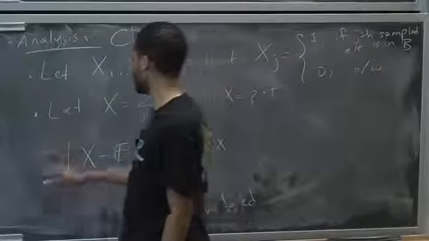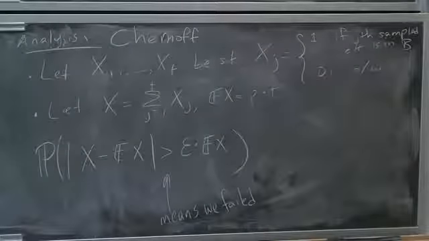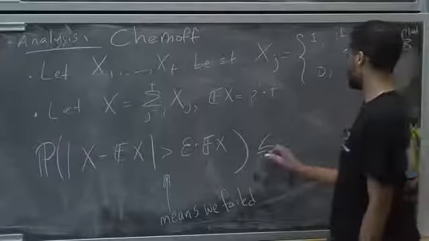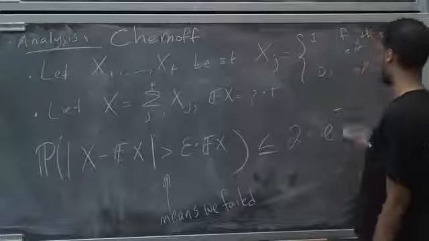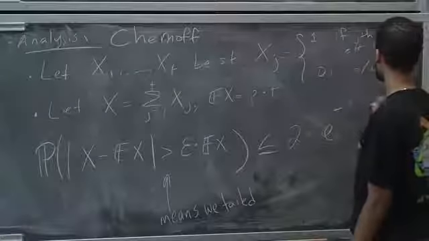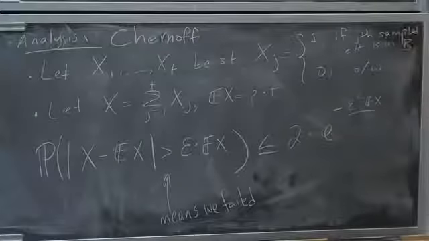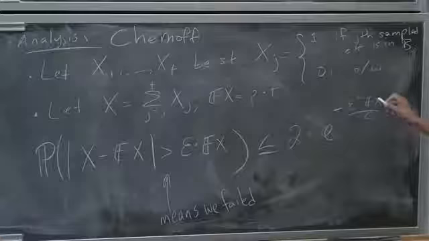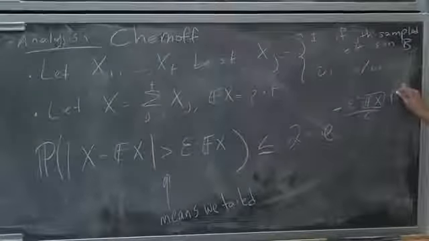So what's the probability of that? Well, the Chernoff bound says that it's at most 2 times e to the minus epsilon squared mu over some constant, I don't know, 3 or 4 or something. Mu is the expectation, and we said this thing is p prime t.